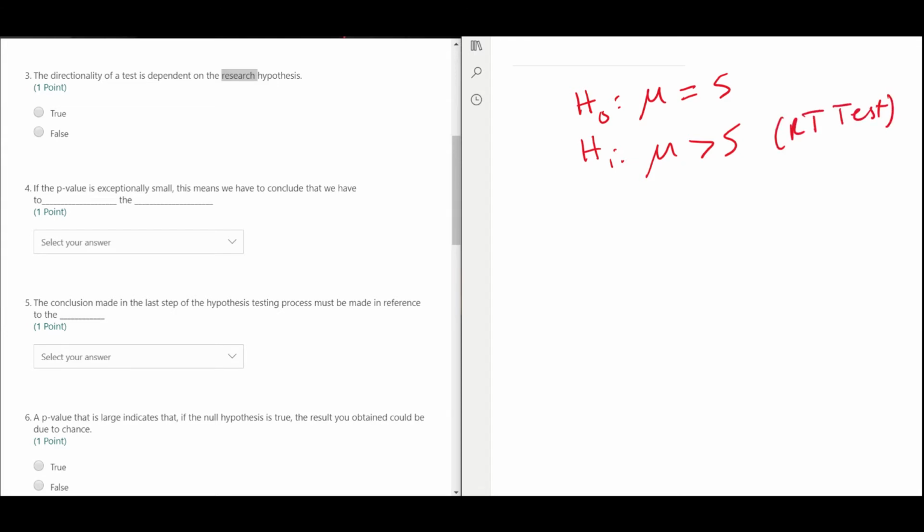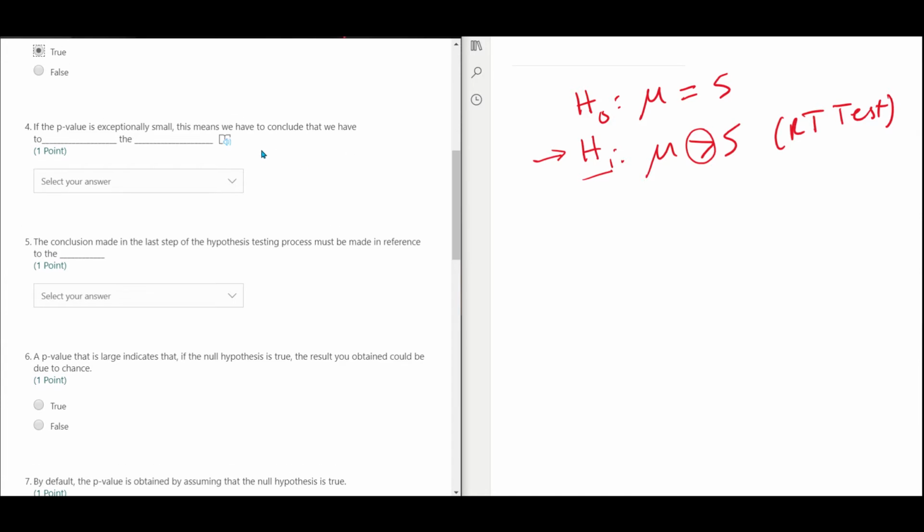This is because you're looking at the alternative hypothesis or the research hypothesis. This looks like an arrow pointing to the right, and therefore it is a right-tailed test. So this is actually true. Directionality is dependent on the research hypothesis.